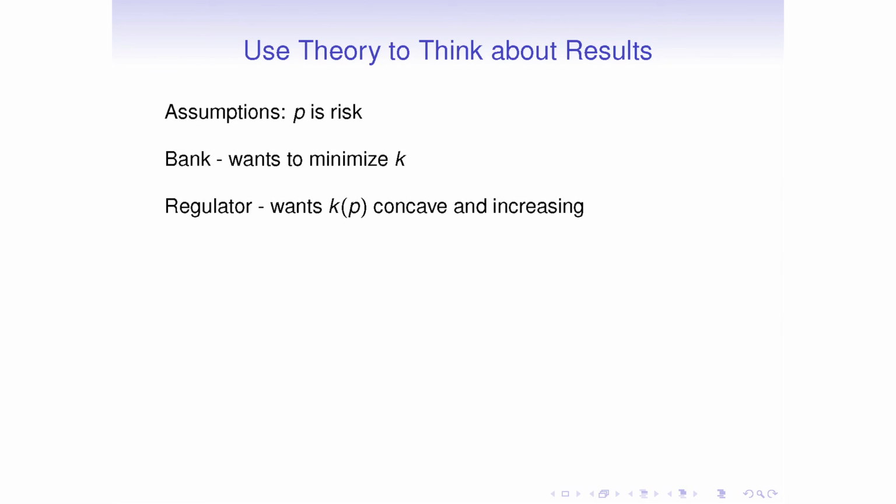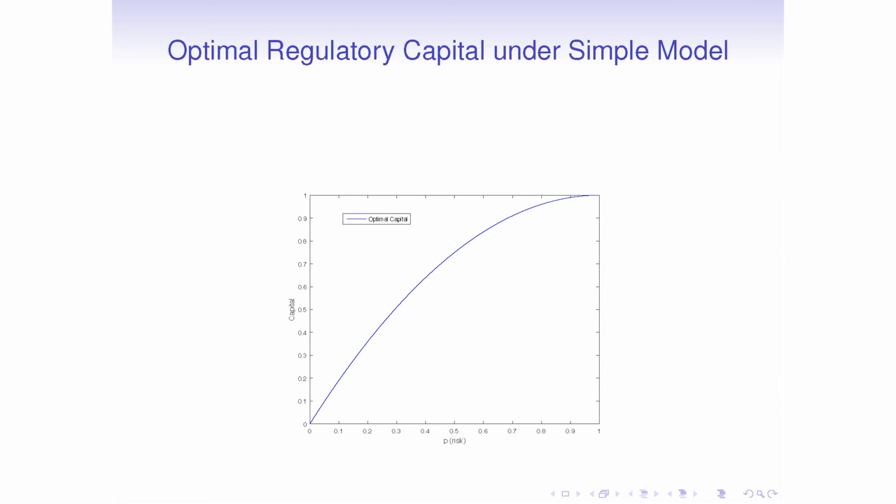So here's a real basic, simple model. Assume P is the risk of some asset that the loan has. The bank wants to minimize K, minimize capital, all right? And the regulator wants capital to be a function of the risk, and they want it concave and increasing. So you'd have something like this, just an example. And in fact, the formula that they use gives you a concave function.